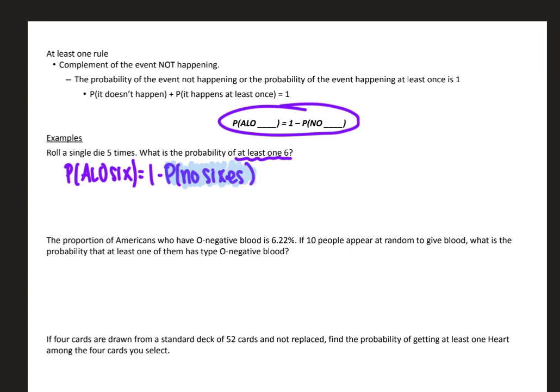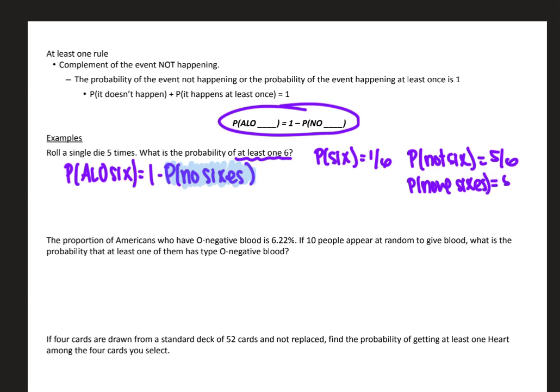Well, we know that the probability of getting a 6 is equal to 1 out of 6, which means the probability of not getting a 6, that's just the complement rule, is going to be 5 out of 6. But since we're rolling the die 5 times, we want the probability that none of them are 6s. That's going to be 5 over 6 to the 5th power, because we want the first roll to be not a 6, the second, third, fourth, and fifth to be not a 6.